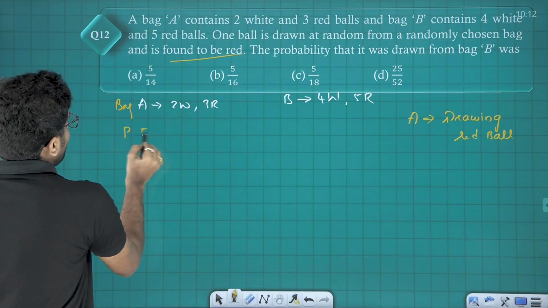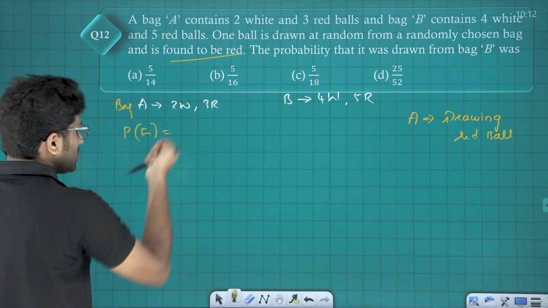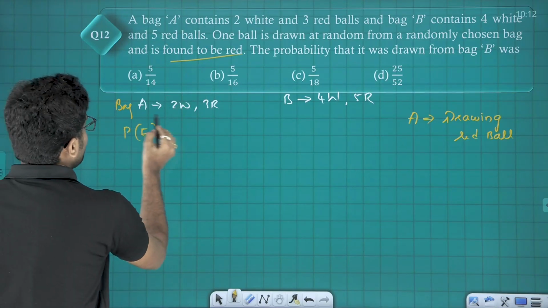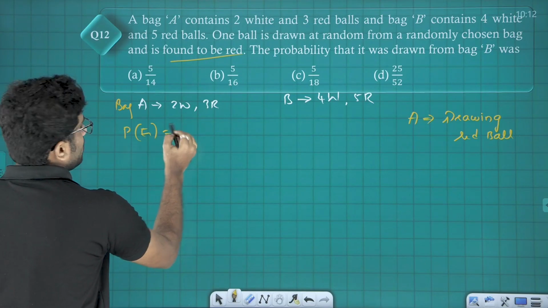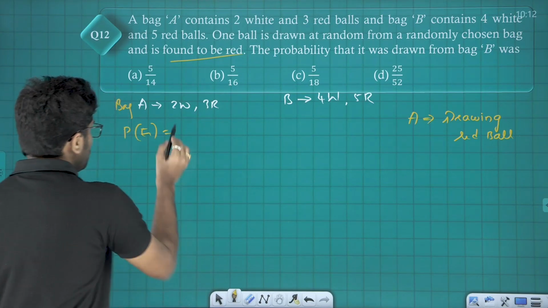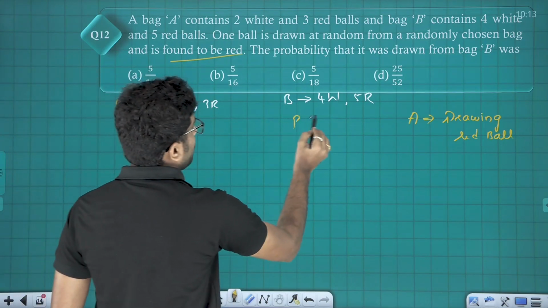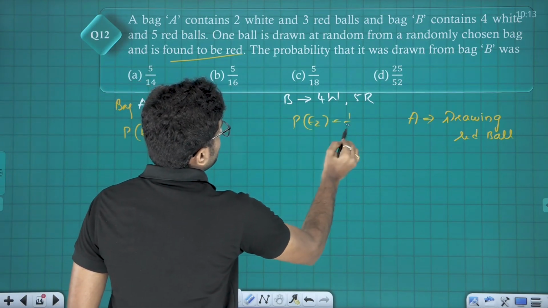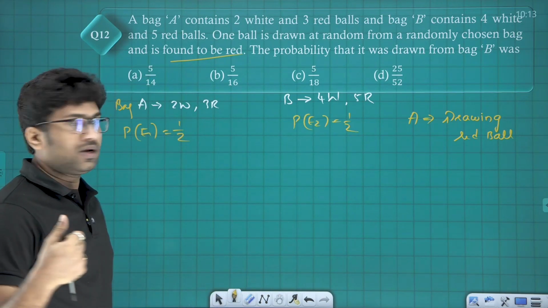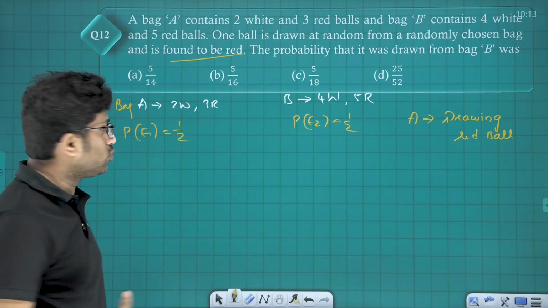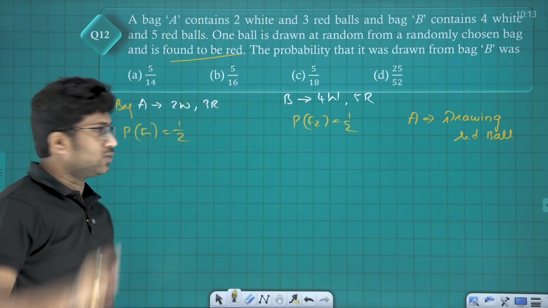Now let's say E1 denotes an event of selecting bag 1. As there are only 2 bags, this is a random experiment of selecting any one bag. P of E1 will be 1 by 2. P of E2 is also 1 by 2. E1 is an event of choosing bag 1, E2 means choosing bag 2.